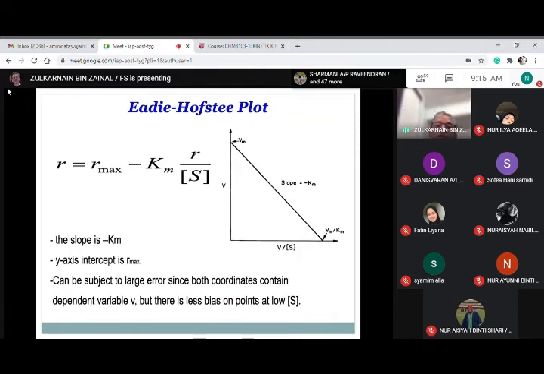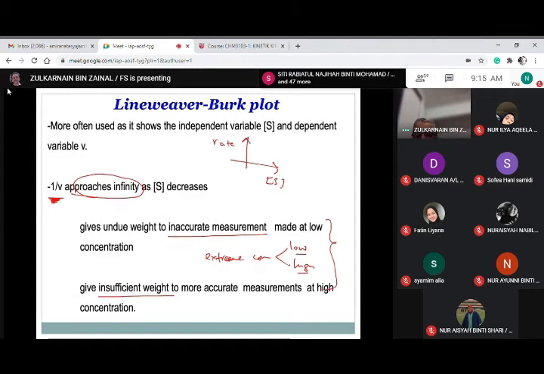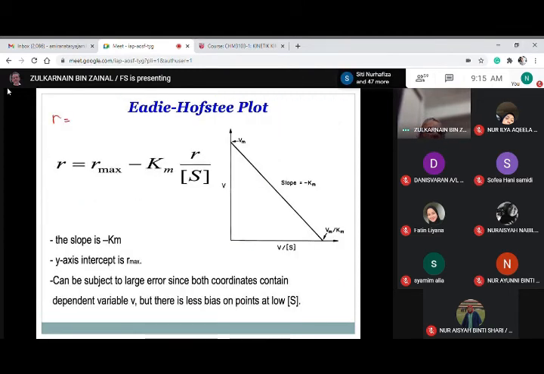We can use this as the alternative. So you know earlier that the rate, what is the equation? Forgot again. V = Vmax S over Km + S. Back to the equation, the Michaelis-Menten equation.